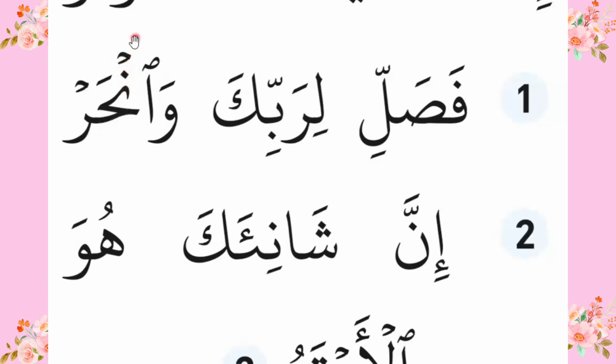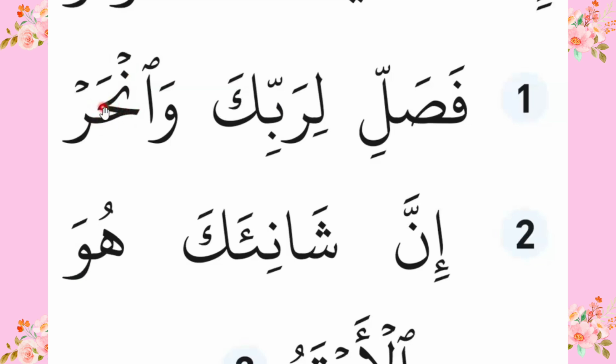Please remember that in this kind of configuration, when the word looks like this, the second letter is always either jim, ha, or kha. The shape of the letter is right here. This black line here is for the noon, and the second letter is right here. This second letter has no dot anywhere.